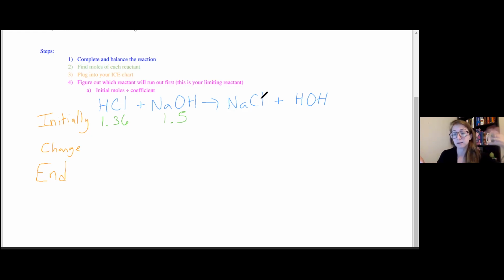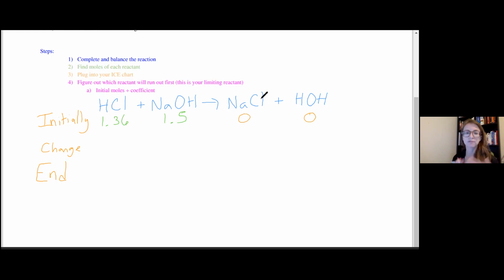We haven't yet completed the reaction. So what we can always infer is that we have 0 for each of our products. We don't have any. Okay, the next thing we have to do is figure out relative to one another how much our reactants are going to change.